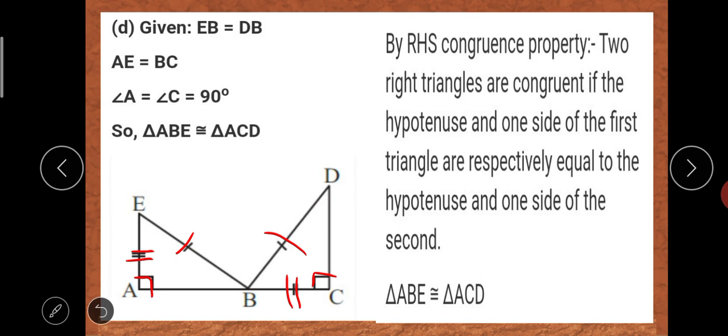Then this forms the RHS congruence property. So here angle ABE is congruent to angle ACD. Okay, here one angle is shown, that is 90 degrees. So it is the RHS congruence property.